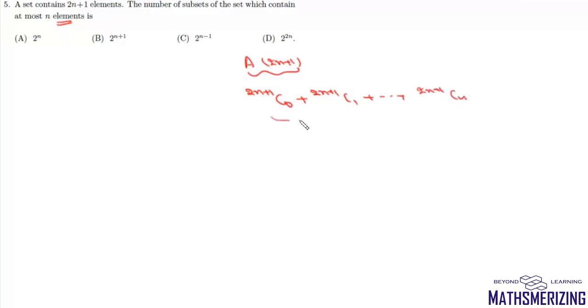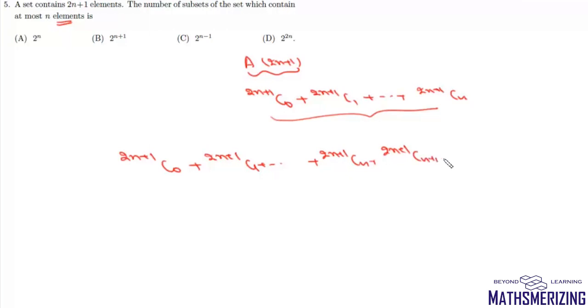Now we need to find the sum of this series. Now we know that 2n plus 1 C0 plus 2n plus 1 C1 and so on, up to 2n plus 1 Cn, 2n plus 1 Cn plus 1, and then 2n plus 1 C 2n plus 1, is equal to 2 to the power 2n plus 1.